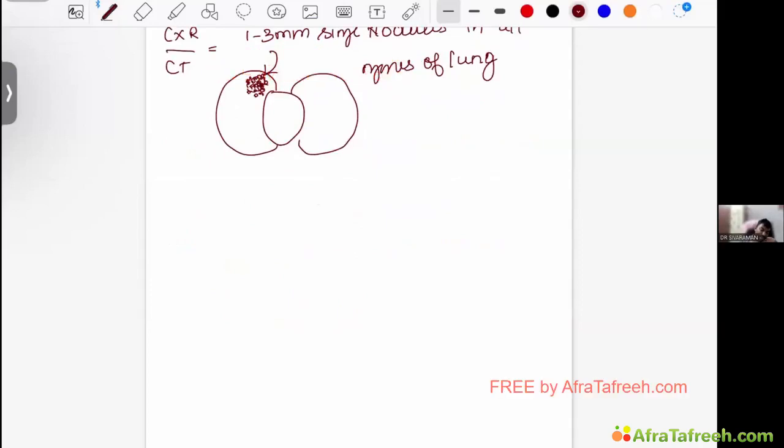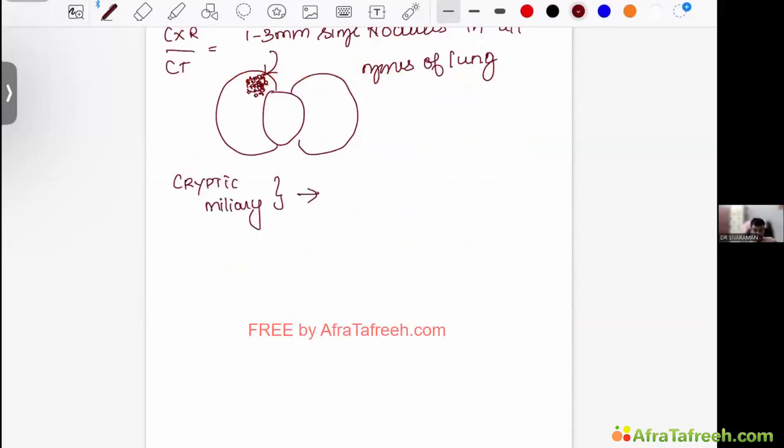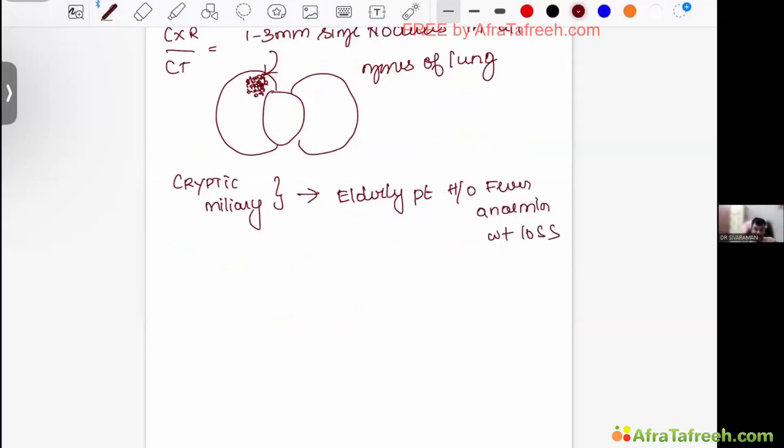Cryptic miliary. This was last year's MCQ. Whenever an elderly patient comes to you with history of fever, anemia, weight loss, what will you think? Features suggestive of malignancy.